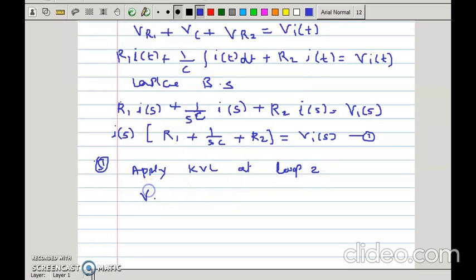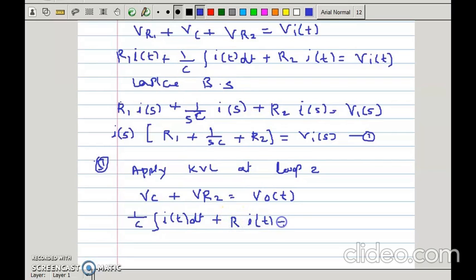Okay, so there are two components, one is capacitor, second one is resistor, equal to Vo of t. The voltage drop across capacitor in KVL will be 1 upon C integration of I of t dt, right? Plus voltage drop across resistance is R I of t is equal to Vo of t, right?